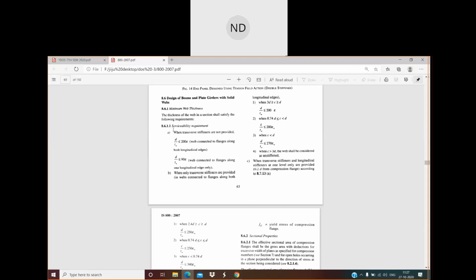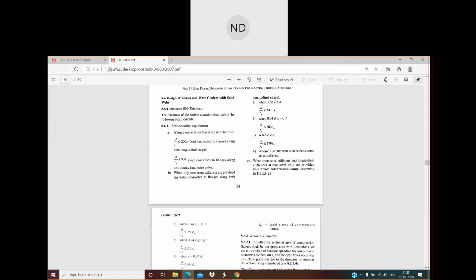Here is the serviceability requirement when transverse stiffeners are not provided in the I section, where on the web we sometimes need to give stiffeners. Suppose we are not providing any stiffeners here.